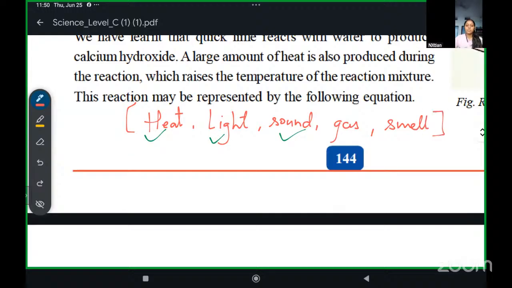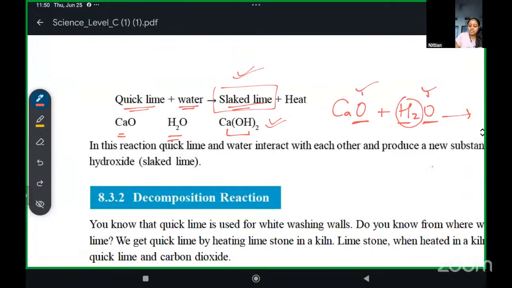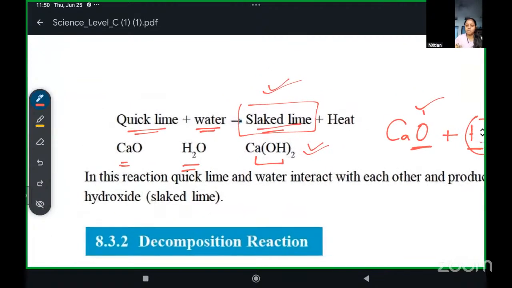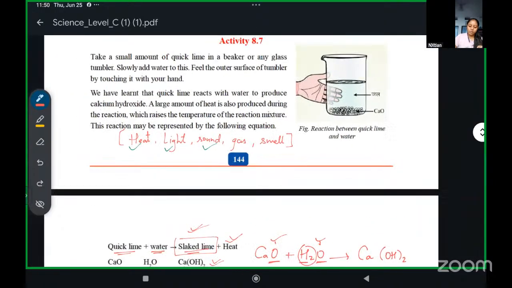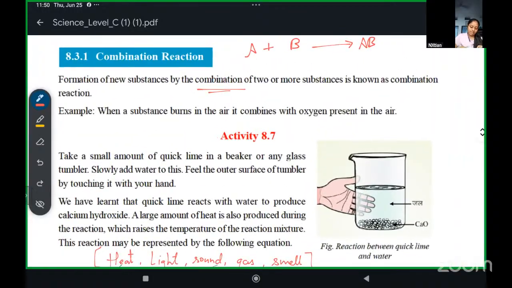For some other chemical reactions, it will give a smell. So for different types of chemical reaction, different outcomes happen when the reaction is taking place. Here, in the reaction of quicklime with water, what are we getting? Heat. As a result, it is producing heat. This is your combination reaction.